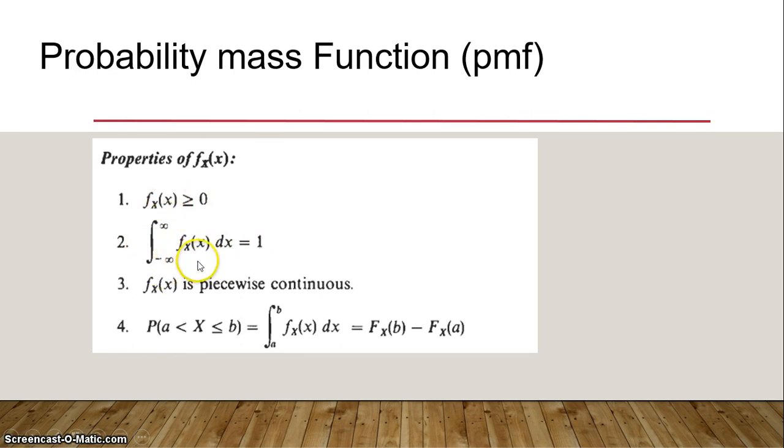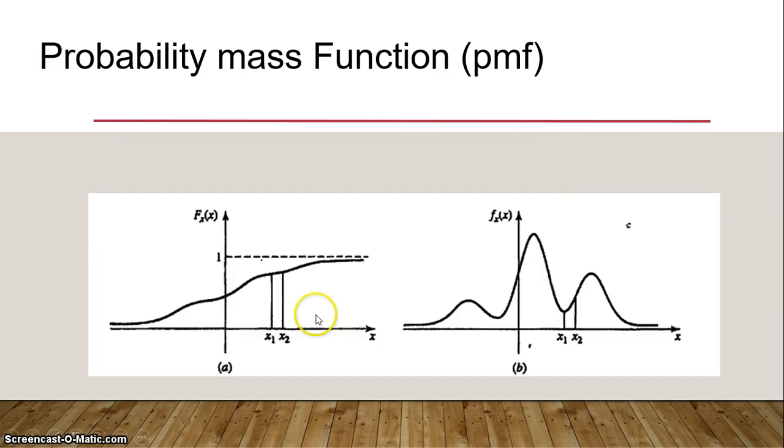The integral from minus infinity to infinity of f_X(x) dx is equal to 1. Similarly, f_X(x) is piecewise continuous. You can see this is a piecewise function between x1 and x2, an increasing function and again a decreasing function.